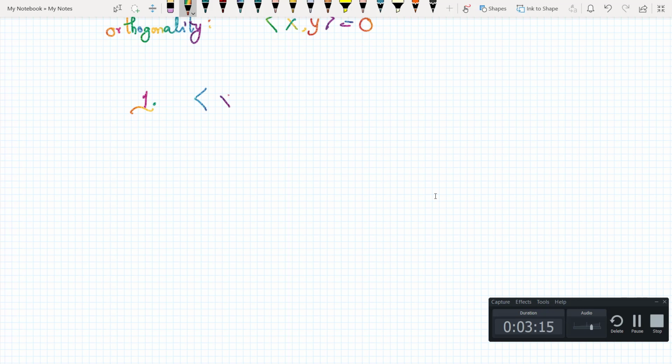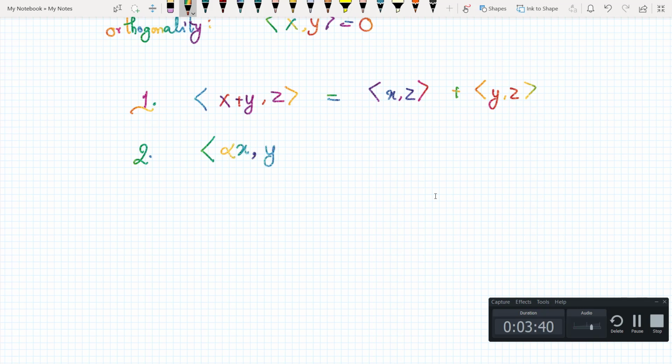So the inner product of x plus y with z is a distributive property, as we have seen in around a billion cases before. Now the next property corresponds to scalar multiplication, that the inner product of alpha times x with y is nothing but alpha times the inner product of x comma y.